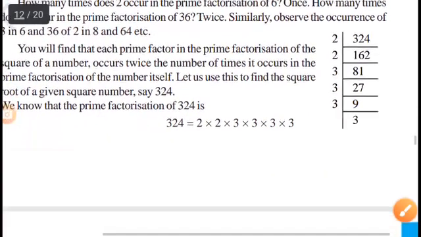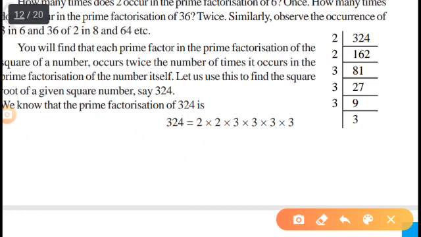So here in this book the square root of 324 is discussed. First we have to find the prime factorization of 324, and this is the prime factorization over here. To find the square root of 324, we will pair the similar elements, that is 2 and 2, and 3 and 3.